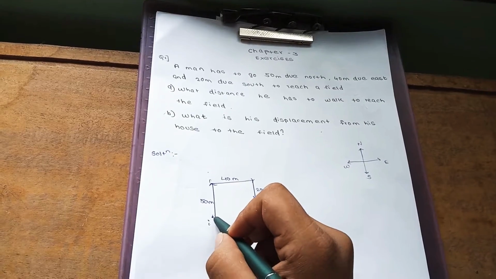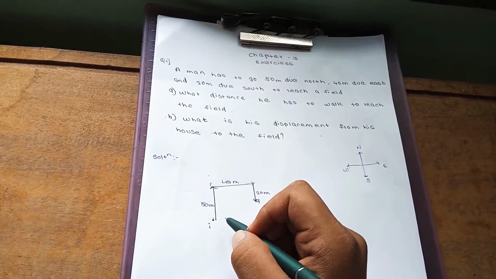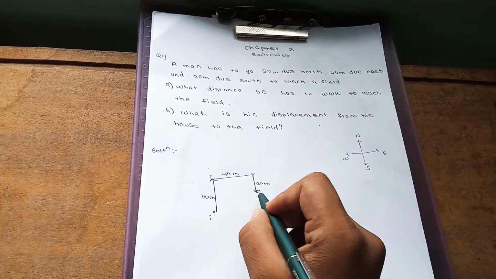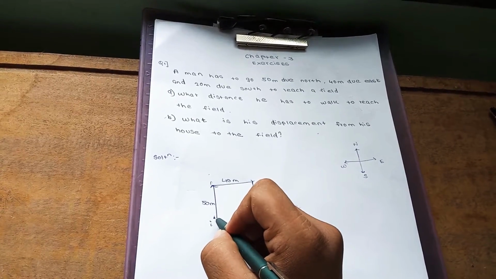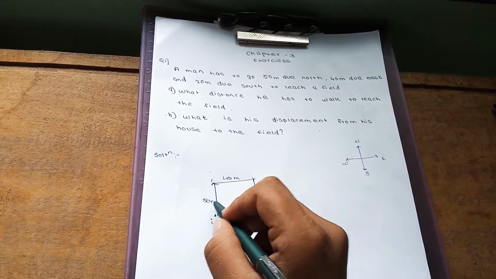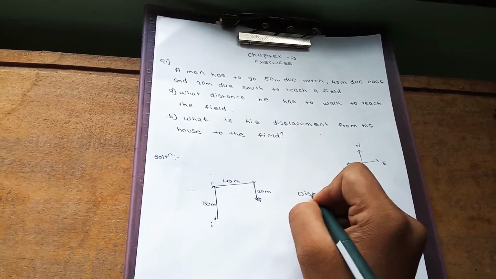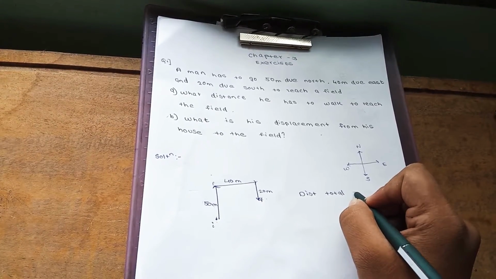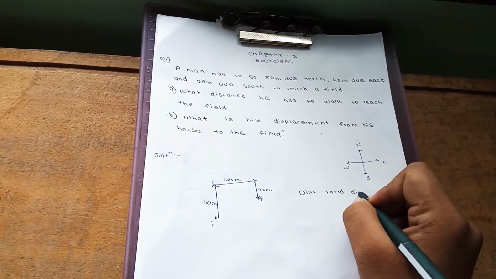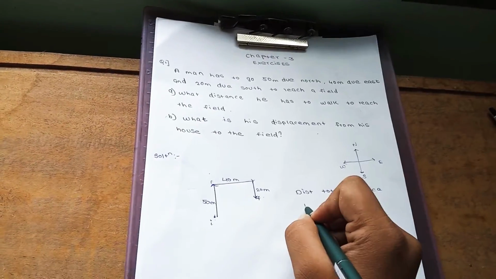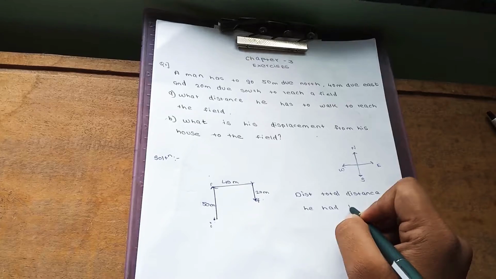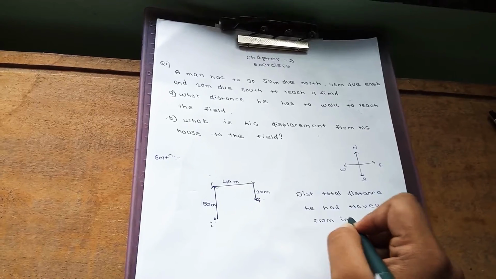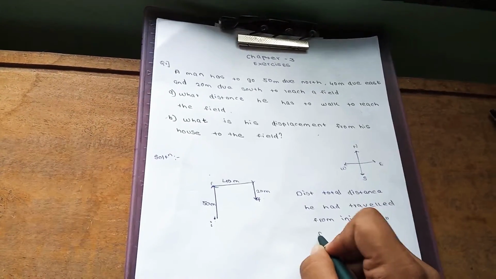So they have asked the distance. Okay, so distance is just the total distance the man has covered from his initial point to final point. So for distance, the total distance he had traveled from initial to final position.